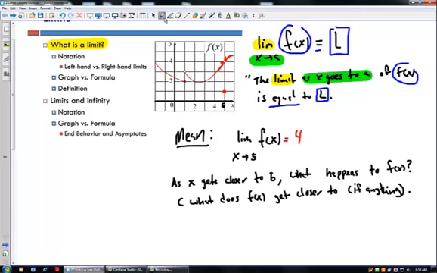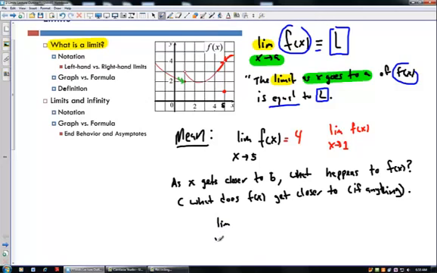We can look at another limit that doesn't exist. So the limit as x goes to 1 of f of x. If you look at this limit, you come in from the left-hand side of 1, and it reaches 2. And so we can write this down as, so more notation, this is the left-hand limit.